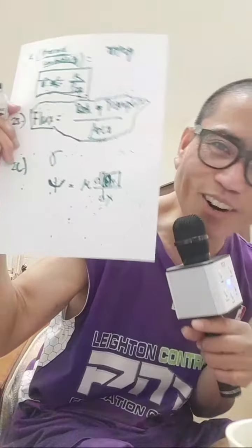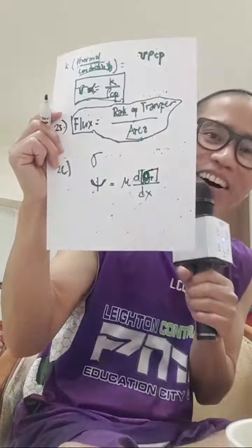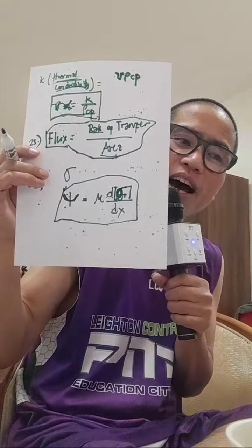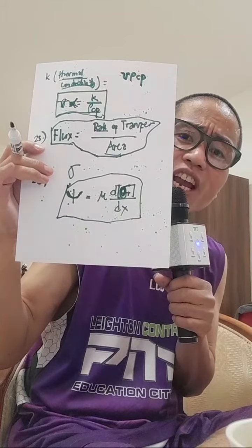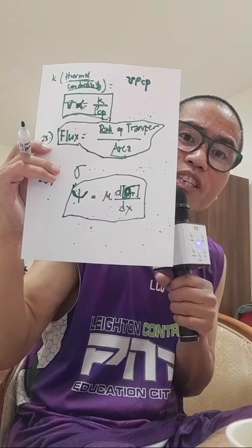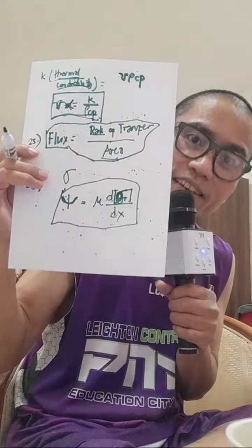It's just a representation, because it is a general formula, not specific, for the purpose of discussion so that we can understand it. So, omega is equal to mu, the absolute viscosity, times the delta change of the rate of transfer, which could be momentum, heat, or mass, with respect to its horizontal axis, dx.